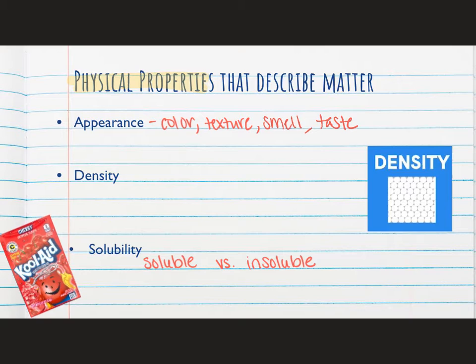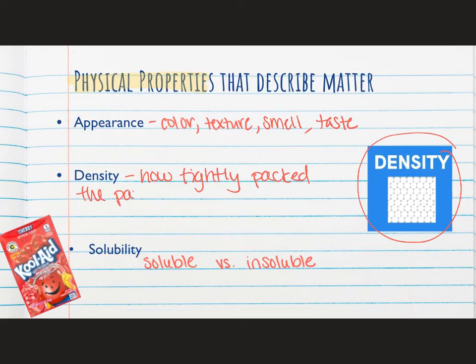Density is another physical property that can be used to describe matter. So density, if you look at this picture over here, this really is describing how tightly packed the particles are in a substance.